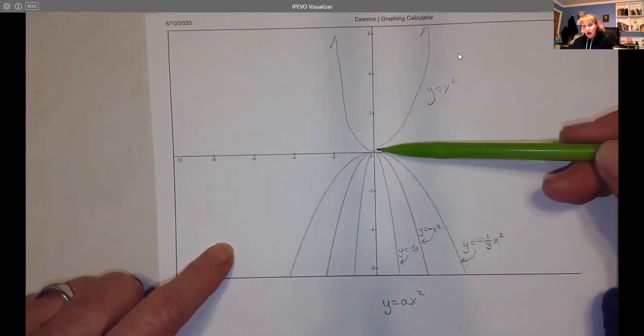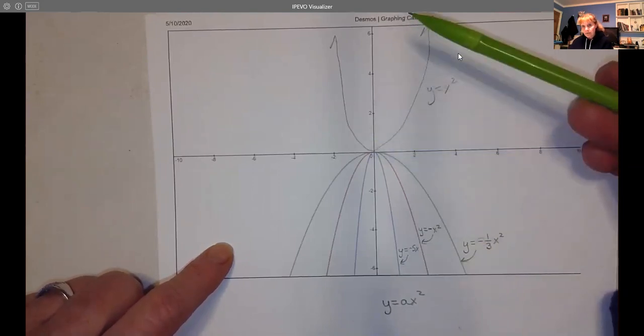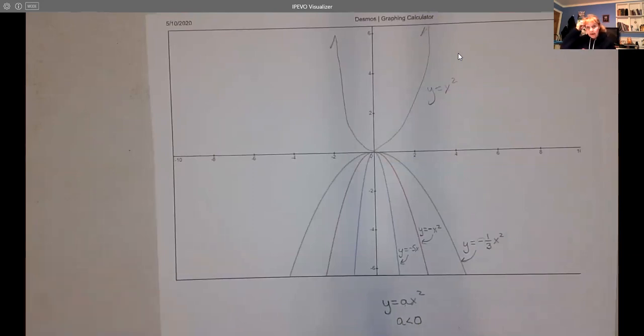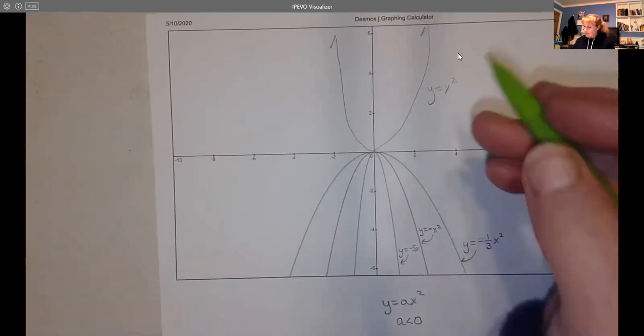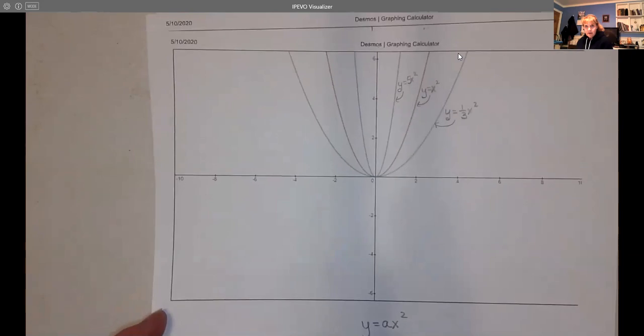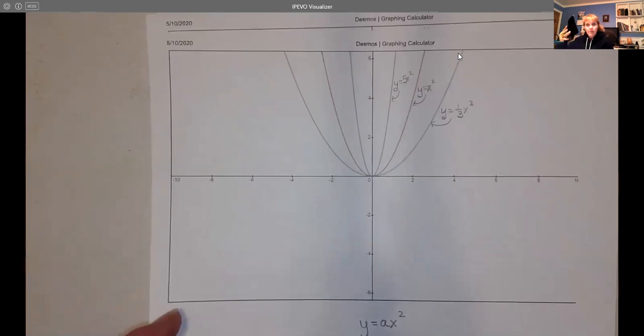Here, if the A is positive, it opens up. So that's what happens if the A happens to be negative, if the A happens to be less than 0, which means it's negative, then it will flip and they will open down. But if the A is positive, like our last ones here, then it will open up.